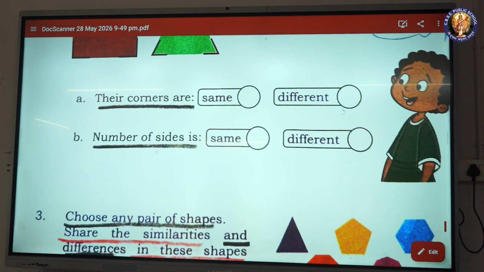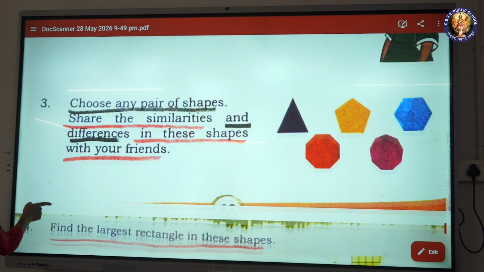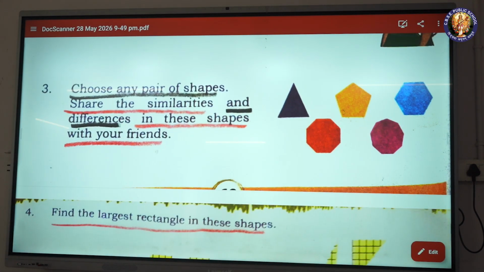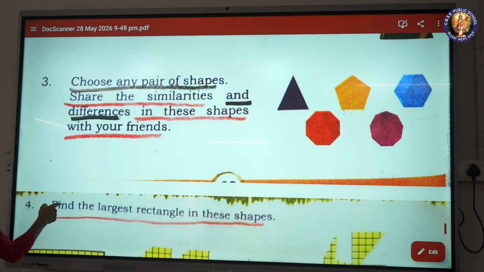A. Their corners are same, different. B. Number of sides is same, different. 3. Choose any pair of shapes. Share the similarities and differences in the shapes with your friends.